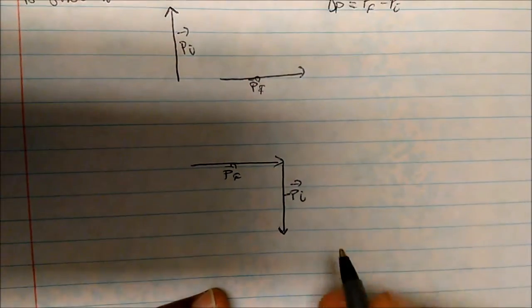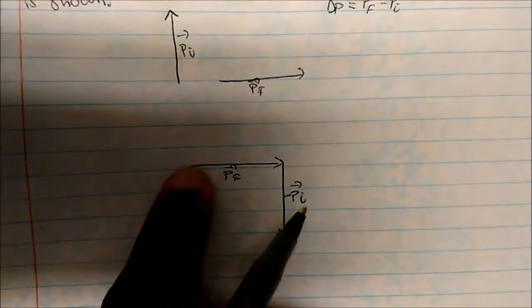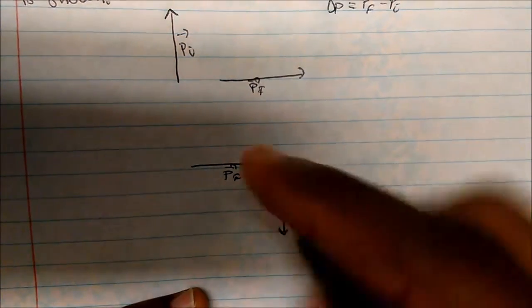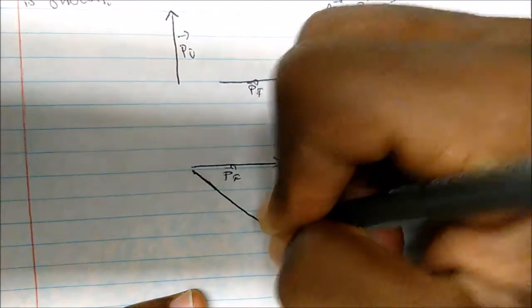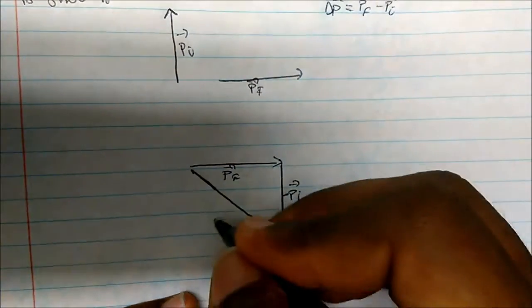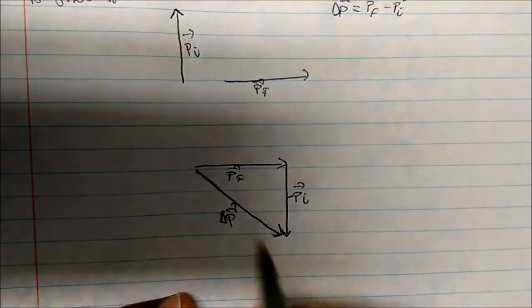And then we said the net impulse, or the change in momentum, is from tail to tip. So therefore the new direction would be, so this would be the change in momentum. That would be the new direction.